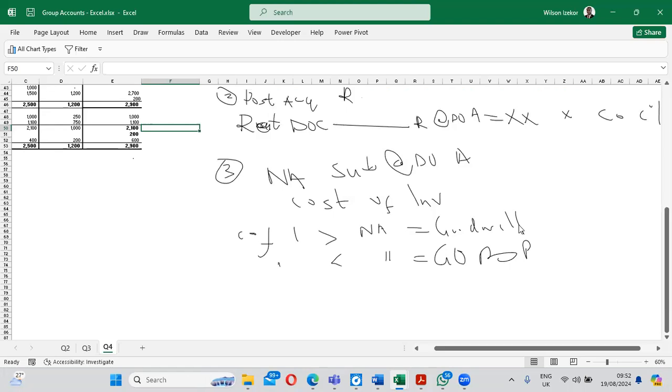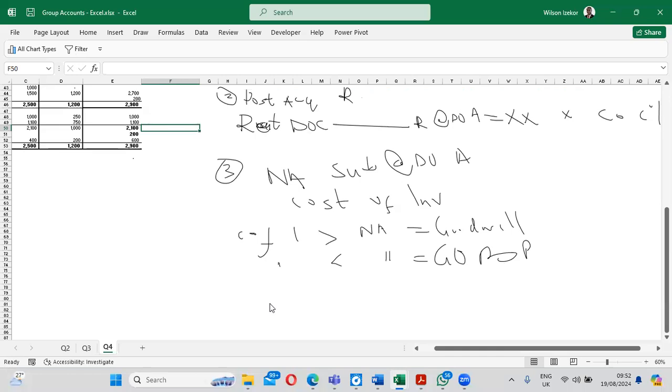You do not amortize goodwill, but you test it for impairment. When there's an impairment loss, it will reduce the carrying amount of goodwill, and you charge that impairment loss to your consolidated profit or loss. When there's a gain on bargain purchase, immediately you transfer that gain to the consolidated profit or loss. So that's the treatment for that.